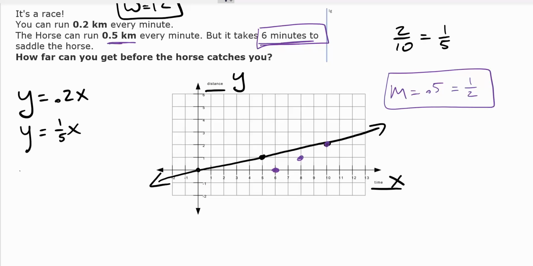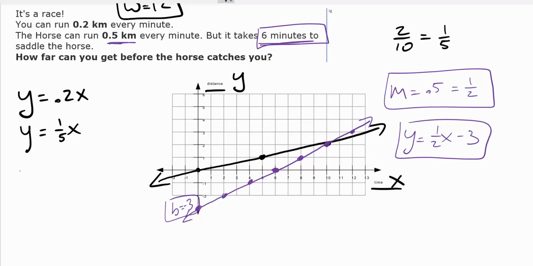We could finish off this graph by just going down 1, left 2, down 1, left 2, and we could see that our y-intercept, our b value, would be -3 here. That would be the equation y equals 1/2 x minus 3.